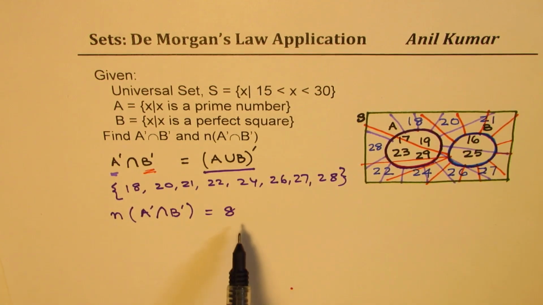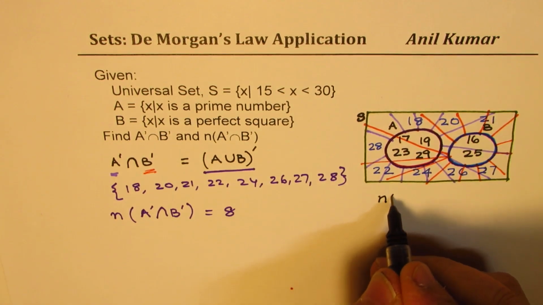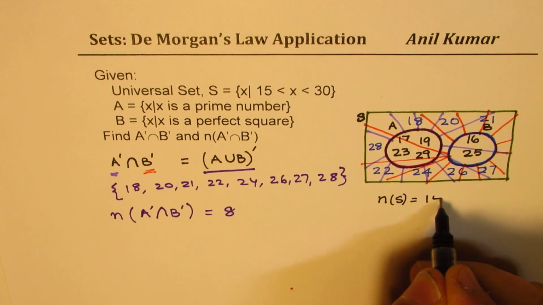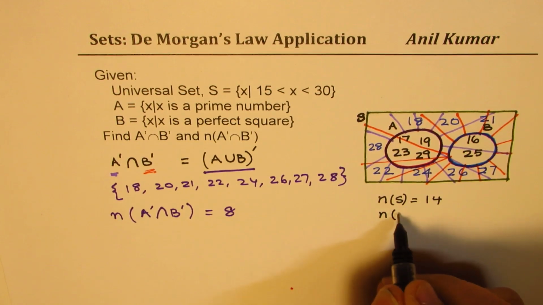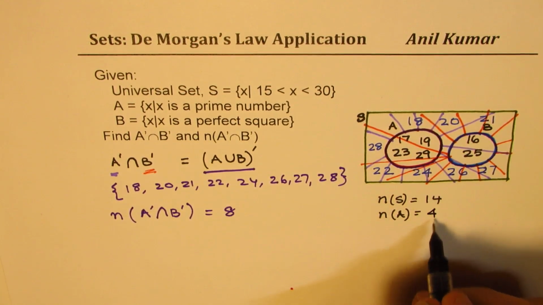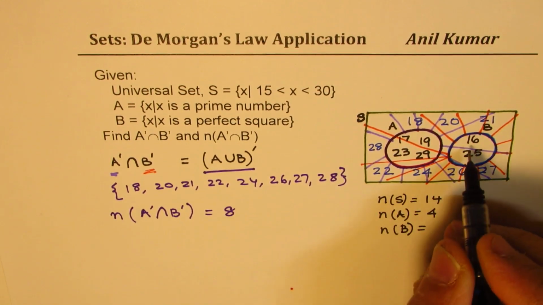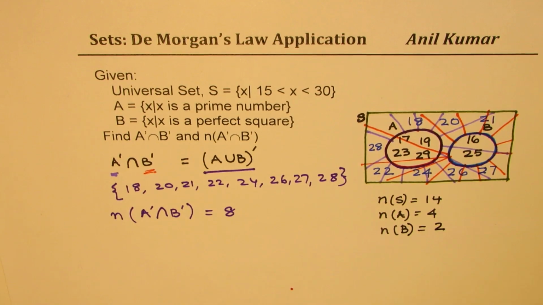The other way was, you could have written that number of elements in our sample are 14, right? Number of elements in A are 1, 2, 3, 4. Number of elements in B are 1 and 2. Correct?